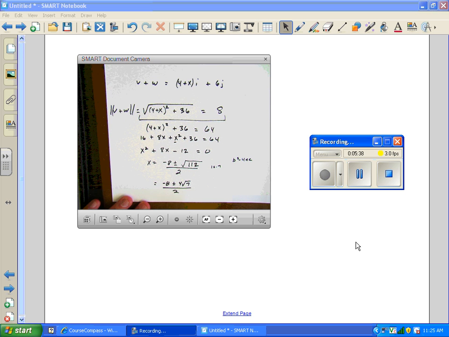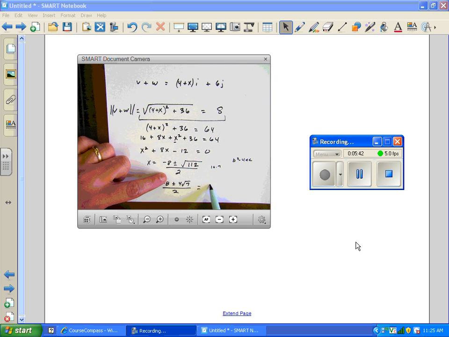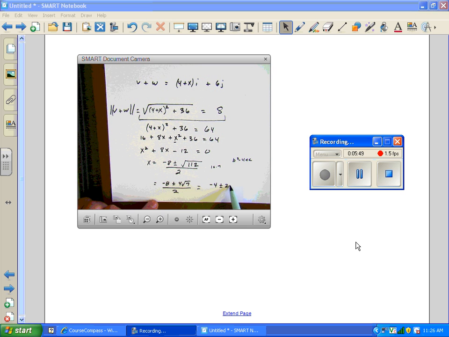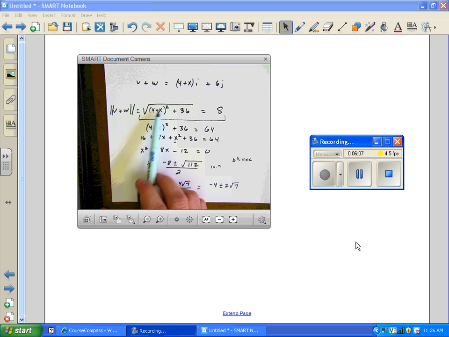Now we could reduce it, so that would be negative 4 plus or minus 2 square root of 7. Did y'all follow that okay? Notice when it's going to ask the question, it's going to ask for all the solutions, so there's 2 of them right there. Even though we squared both sides, we're supposed to check for extraneous solutions. But because we squared right there, nothing's going to come out negative and be extraneous.